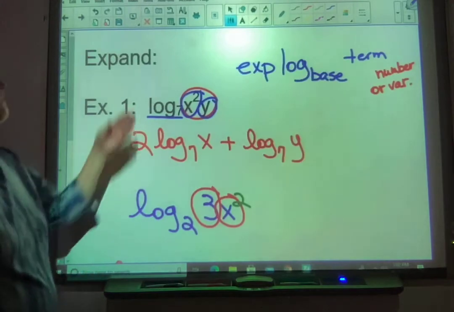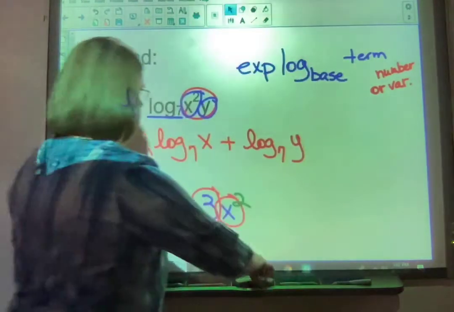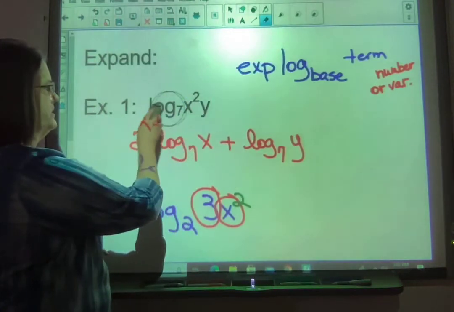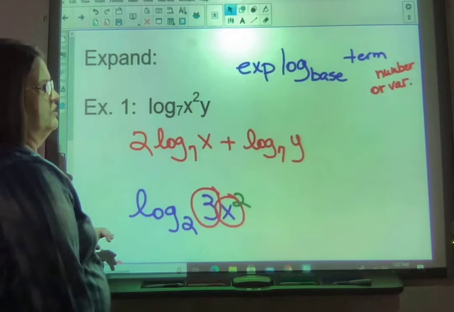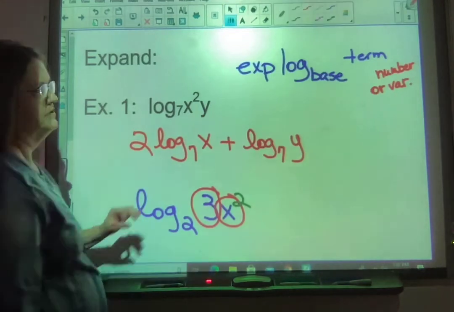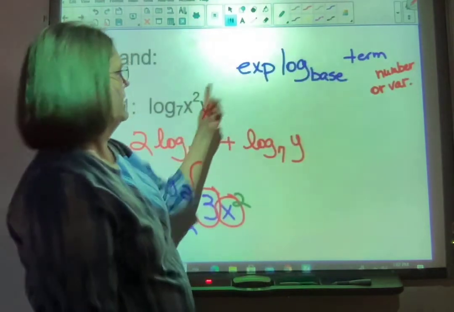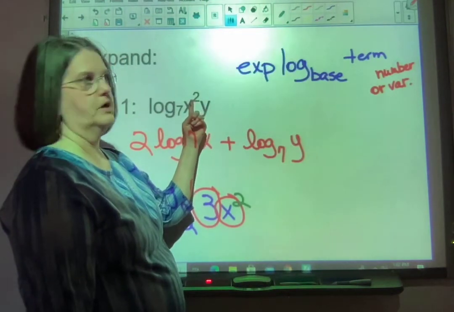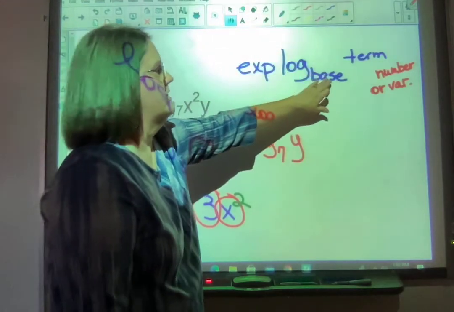All right, if you see this logarithm and they tell you to expand it, I'm going to erase this so you can see it without all that there. When they tell you to expand it, you are writing it in this format. If you have an exponent, like this one does, the exponent goes out front, then the log, then the base.